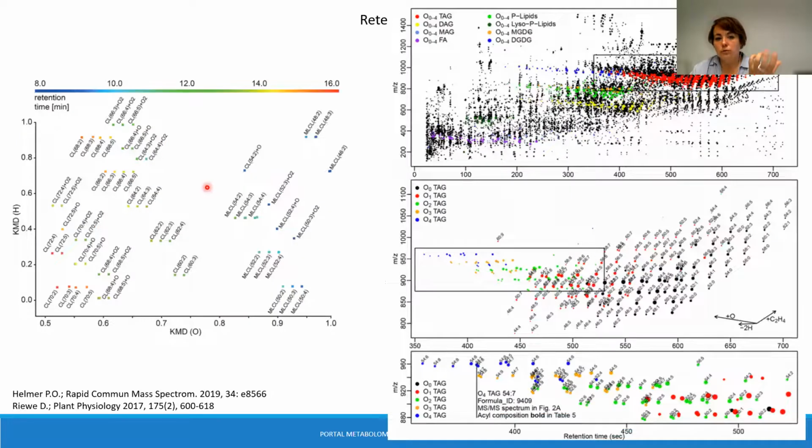Very commonly used in terms of lipid analysis are Kendrick mass defect plots, which are very, very useful, and we can plot our lipids considering the number of hydrogens, which will reflect the number of double bonds, and the number of oxygens, so we can see oxidized forms, and we can visualize our data in many different dimensions, and we can see if the lipids follow a particular trend or not.